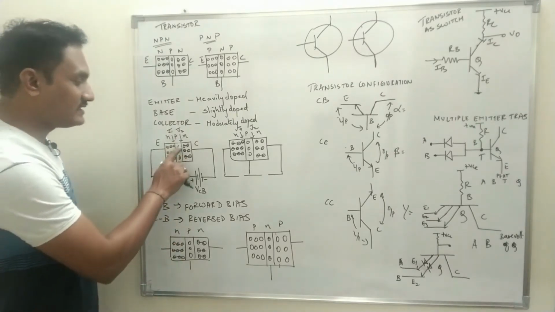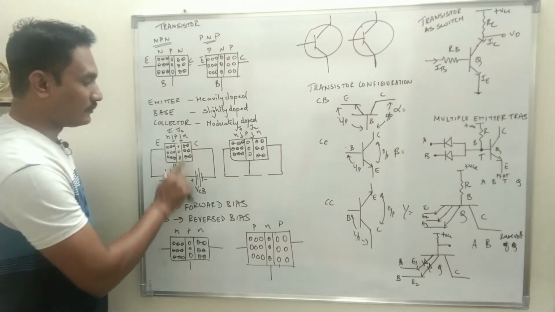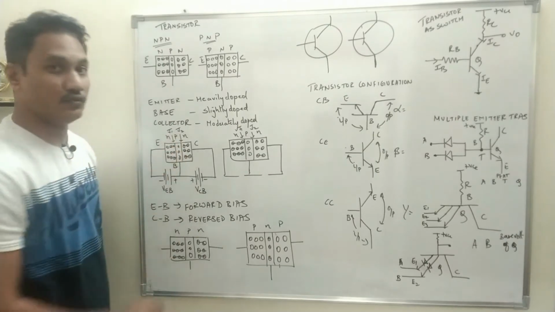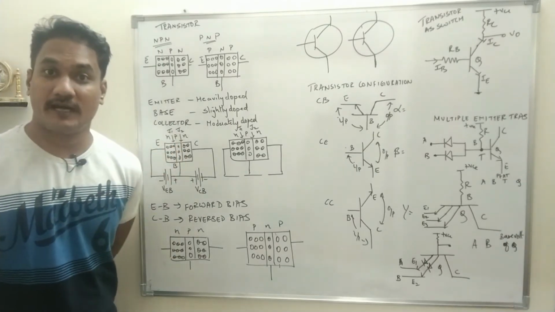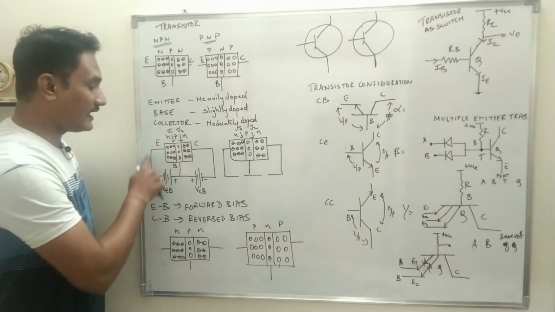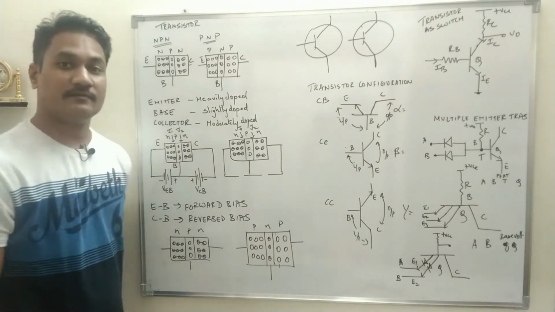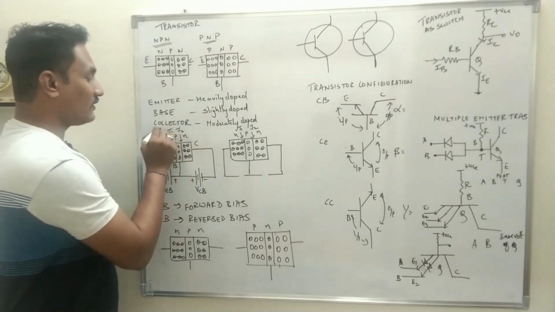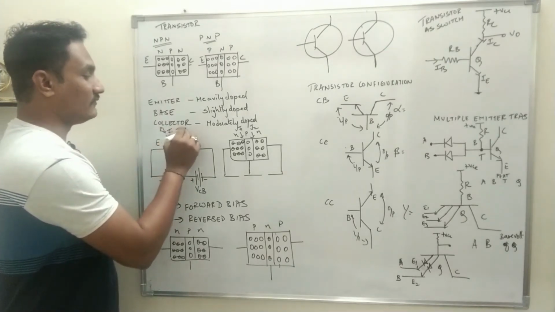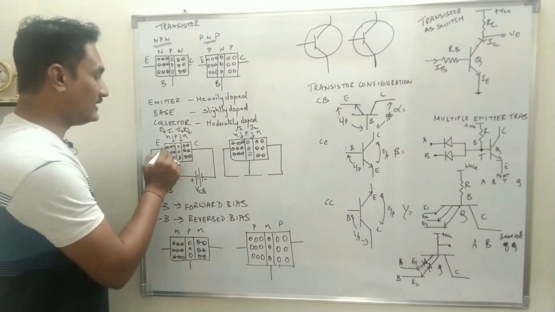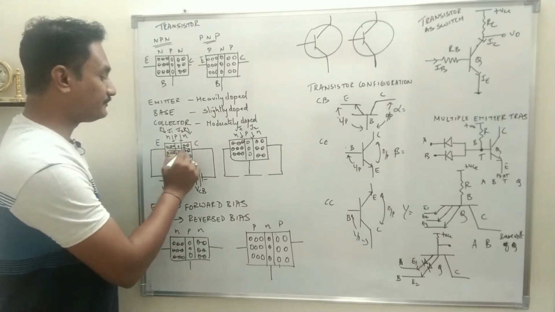Similarly, for the second junction, P is connected to positive and N is connected to negative, so for VCB, junction J2 is also forward biased. So in the first diagram, I have forward biased both junctions. That means the resistance offered by both junctions will be very small, and if the resistance is very small, current will easily flow through the transistor.